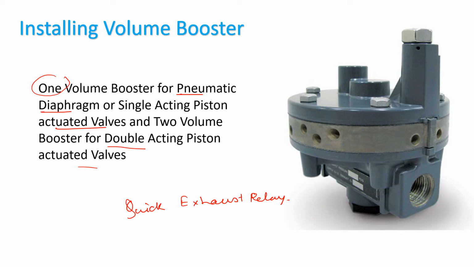So the dynamic response of the loop becomes not proper. So it is always advisable, at least for the anti-surge control system, to use a volume booster, which regulates both the opening and closing time of the valve, instead of using a quick exhaust valve, which only reduces the opening time.